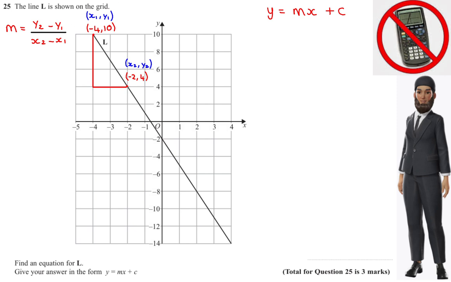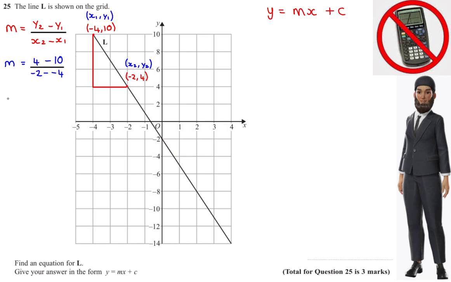And then let's work it out. So our value of y2 is equal to 4. So it'll be 4 minus 10 all over -2 take away a -4.